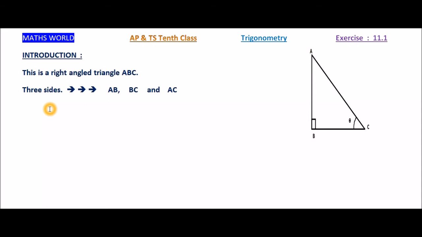And how many angles are there? There are 3 angles: angle A, angle B, angle C. From this diagram, angle B is 90 degrees. Angle C is theta.